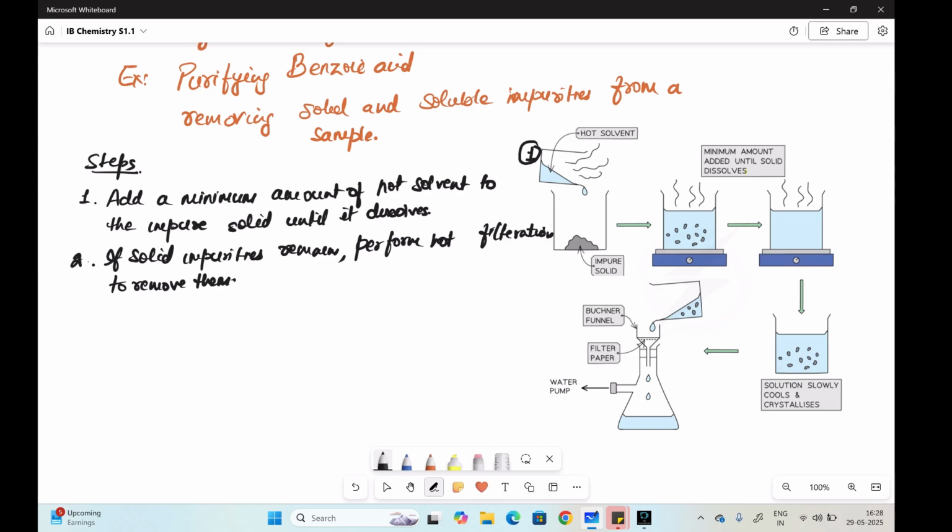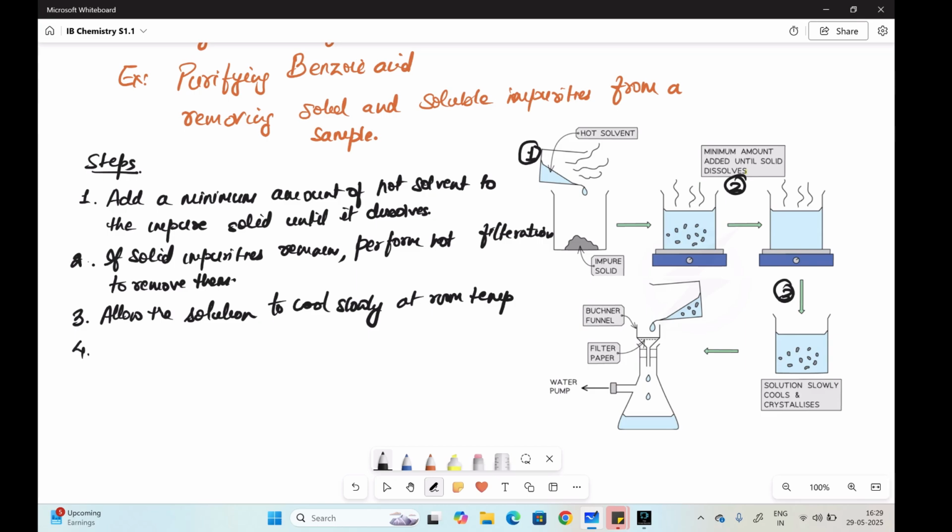So next, third step, you have to slowly cool down. Allow the solution to cool slowly at room temperature, right? This is second step, this is the third step, right?